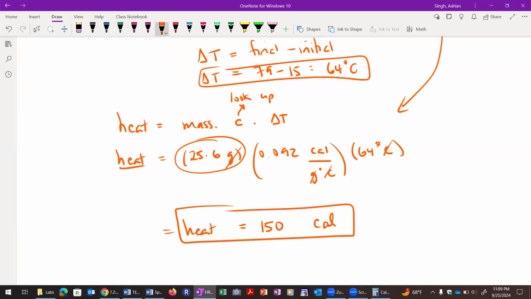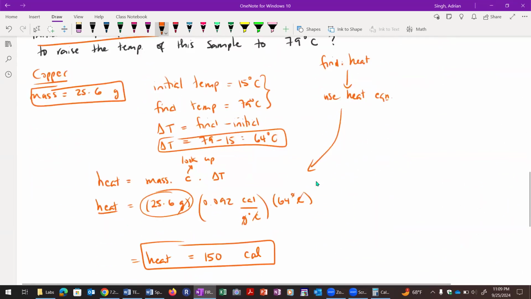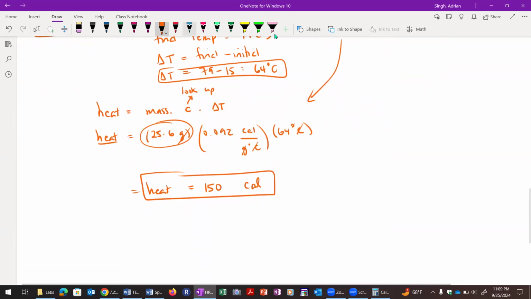Now, we can do a quick calculation to compare. Let's see if we were to do the same thing. Okay, well, we'll do this really quick just to do a comparison here.